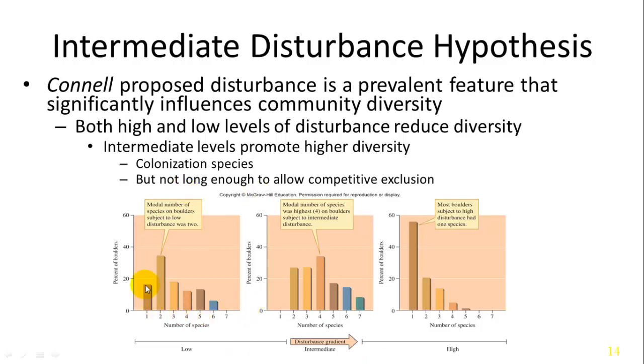When they looked at small, medium, and large boulders, the small had high disturbance and the large had low disturbance. High disturbance had many of these colonizing species there. Low disturbance had these competitively exclusive species, but the medium boulders had a diversity of species, and it was relatively even between them. So this gives evidence for the intermediate disturbance hypothesis.